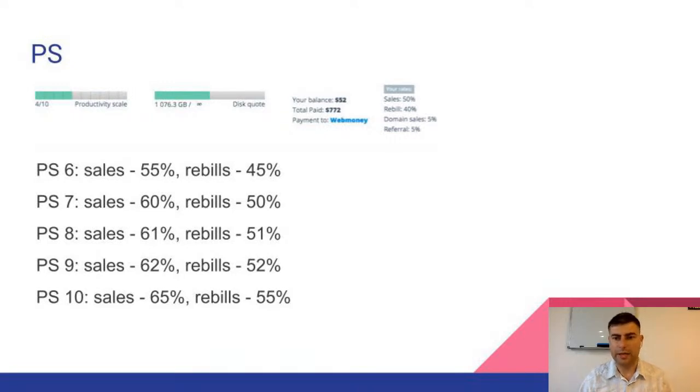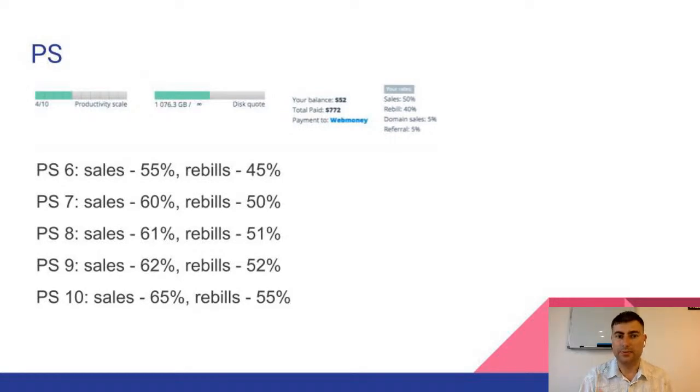And also we take into consideration the traffic, the number of downloads of your files. We calculate all that and put it on the productivity scale index. This index you can see in your dashboard, and the higher PS is, the better your content performs. So the more percentage for you we can give you from the sales from your users.